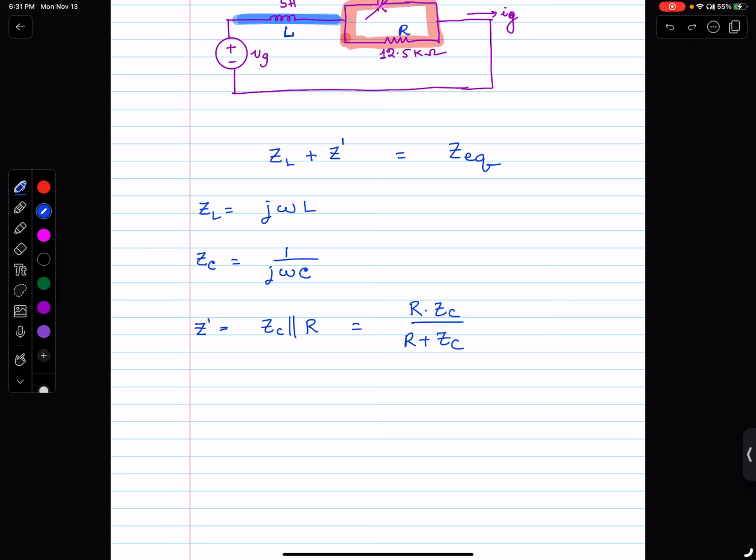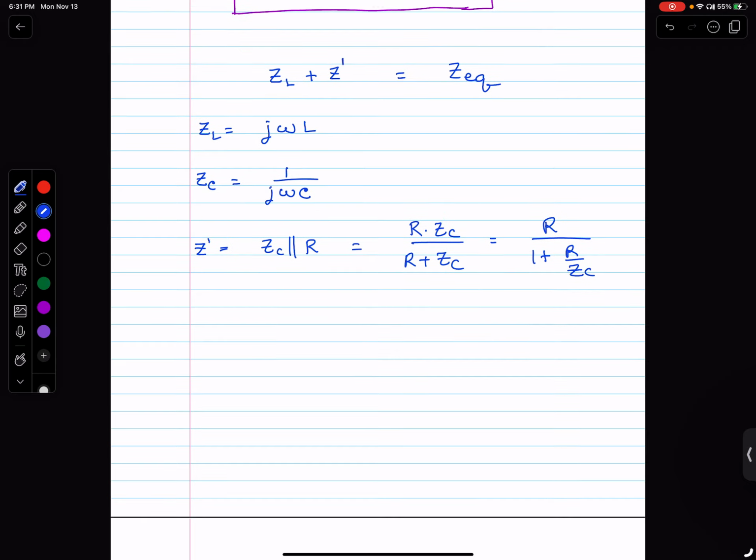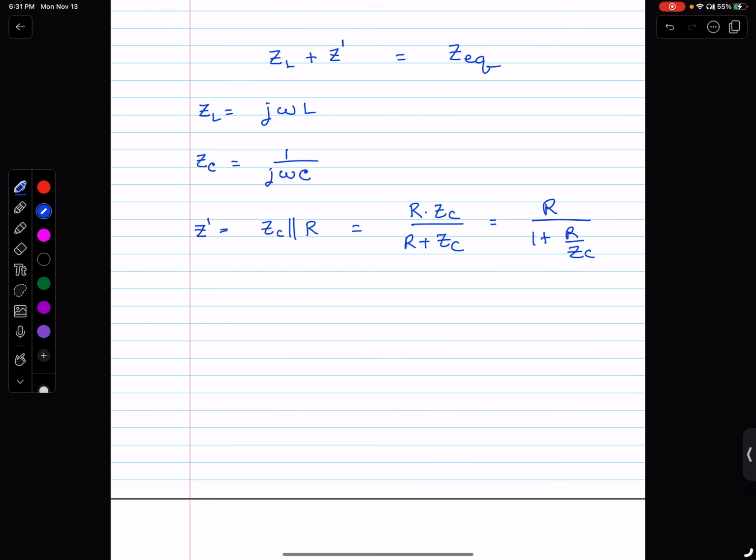So we can write it as, if we divide the numerator and denominator by ZC, I have R by 1 plus R by ZC. Okay, simply cancel out the ZC on the numerator and denominator side by just dividing by ZC. Okay, I have not done anything here besides just dividing the numerator and denominator by ZC. Okay, so this is Z prime value.